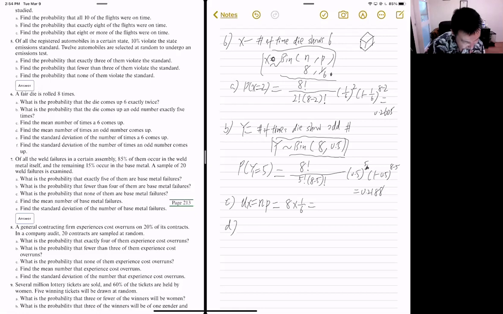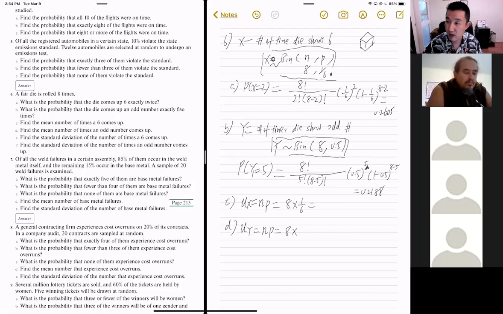D is asking the mean number of times an odd number comes up. So that is asking for mu y, again equal to NP. N is equal to 8, but P is equal to 0.5.